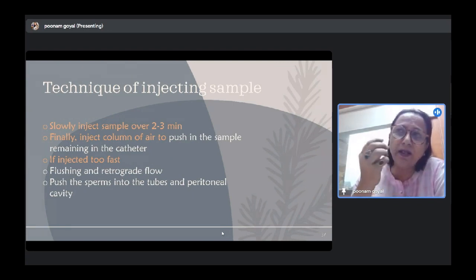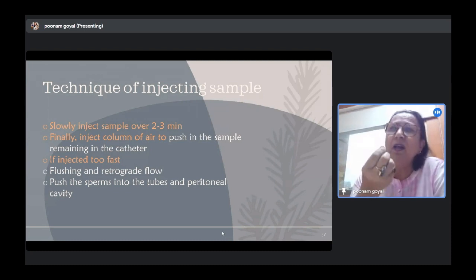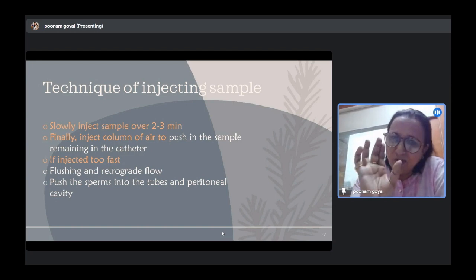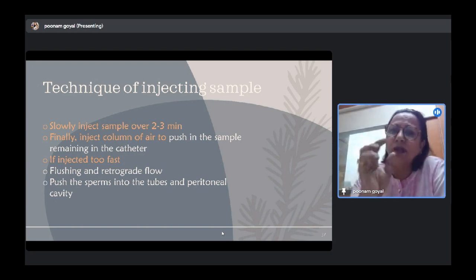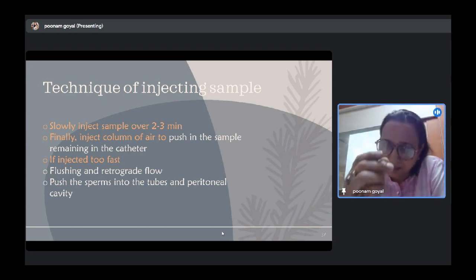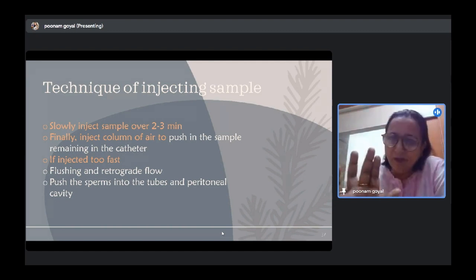What I do is we take almost 0.8 or at most 1 ml of solution which I have to put. So I go in thirds: when I put one third, I wait and count 60, then again one third, count 60, then again one third, and count 60.